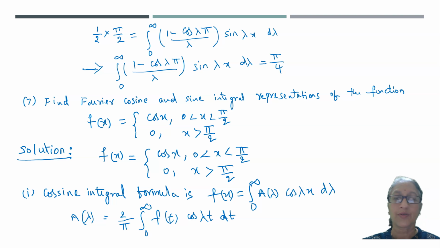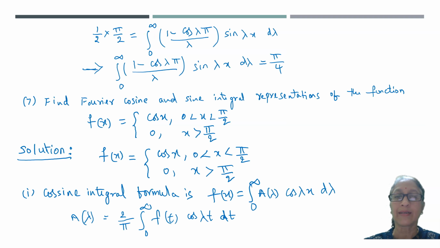So here A(lambda) equals 2 by pi times the integral. Here the function is given in 0 to pi by 2 and pi by 2 to infinity, meaning pi by 2 less than x less than infinity.